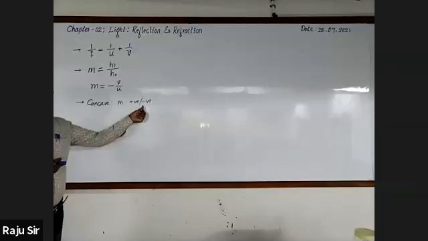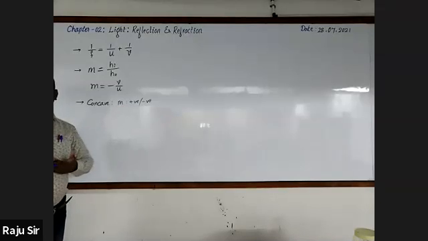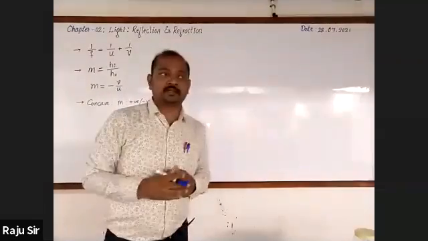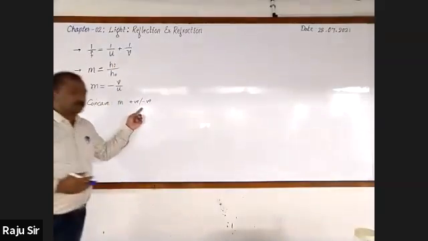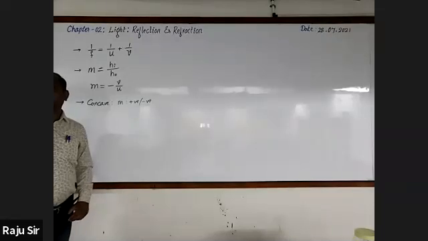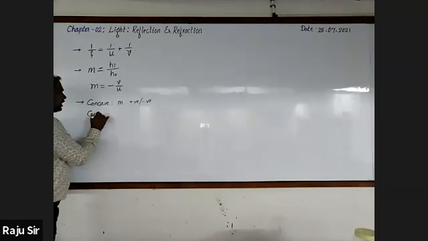So hence, magnification will be negative. From this, we can also understand that if magnification is positive, the nature of the image is virtual and erect. If magnification is negative, it is real and inverted.